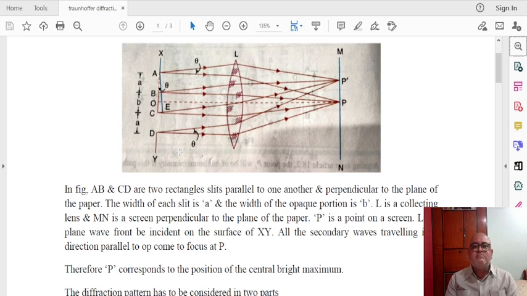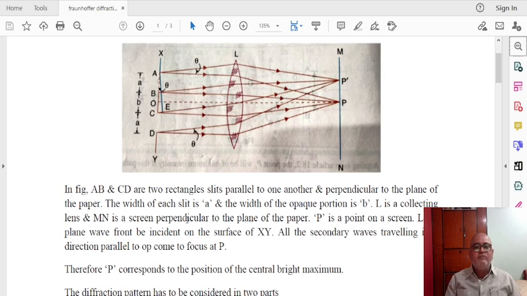L is nothing but a collimating lens, and MN is a screen. This MN is a screen which is perpendicular to the plane of the paper. This P is a point on the screen.